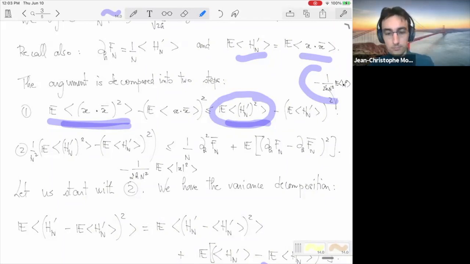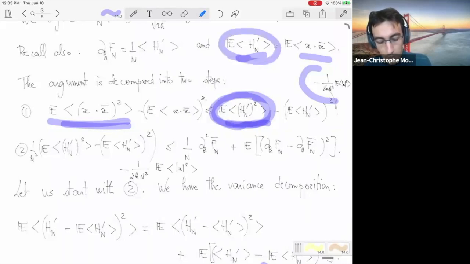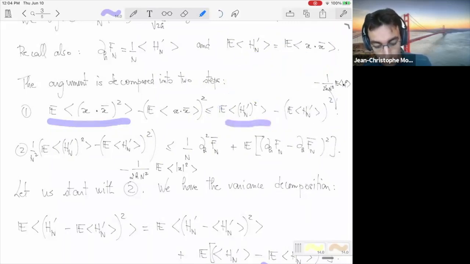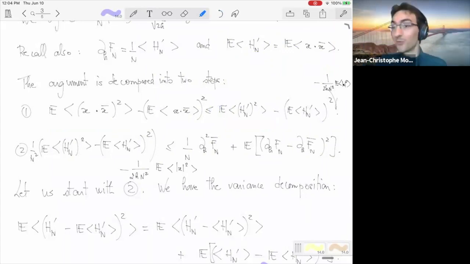Good. So I'm going to try to massage this term just in the same way that we played around with Gaussian integration by parts, and we wrote this like this. I'm going to do the same with Hn prime squared instead of just Hn prime. So of course, there's a square, so it's going to be a little bit more involved. But it's not going to be a catastrophe either. So we are ready?